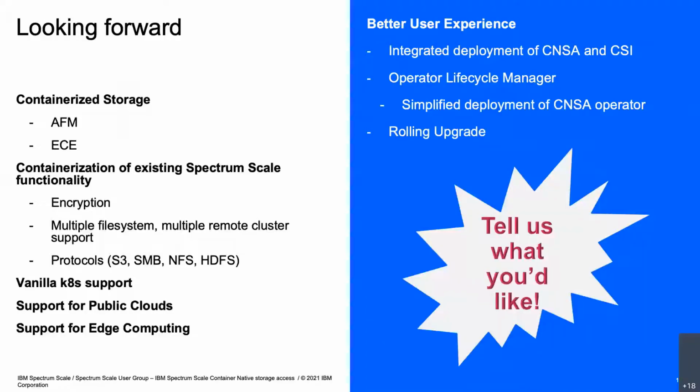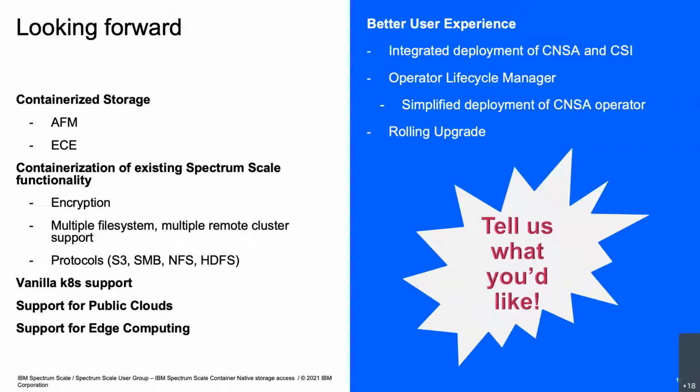All right, so looking forward, we're looking at containerization beyond what we have now for the client. With our first release in December of 2020 and the most recent releases, it's just the client version of Spectrum Scale, which remote mounts to the storage backend cluster via the remote mount capability through Spectrum Scale and also through CSI.